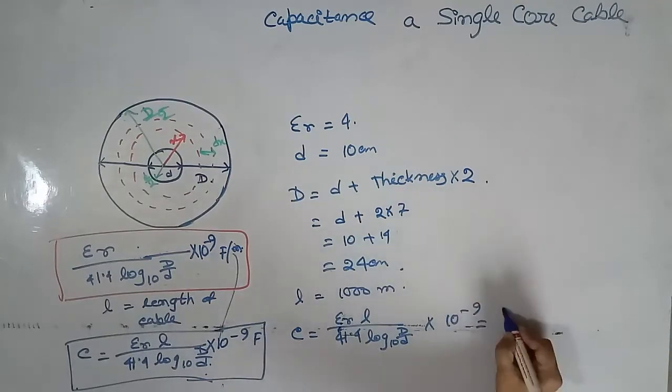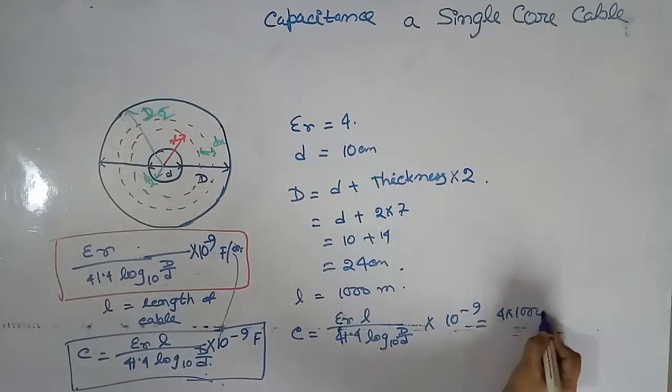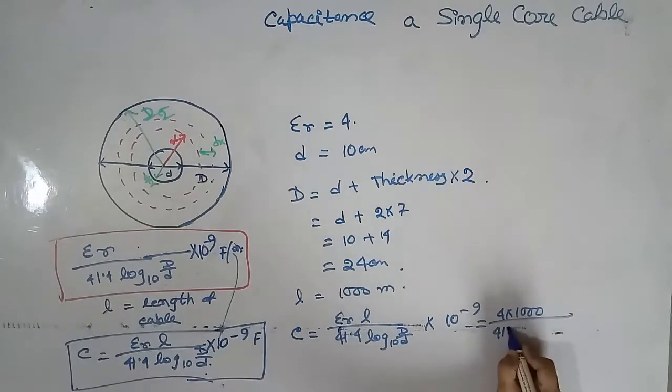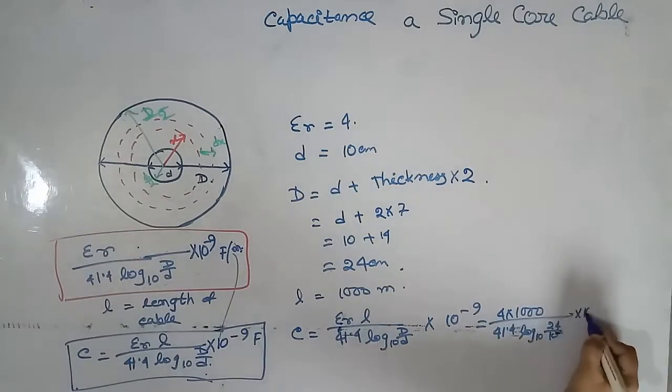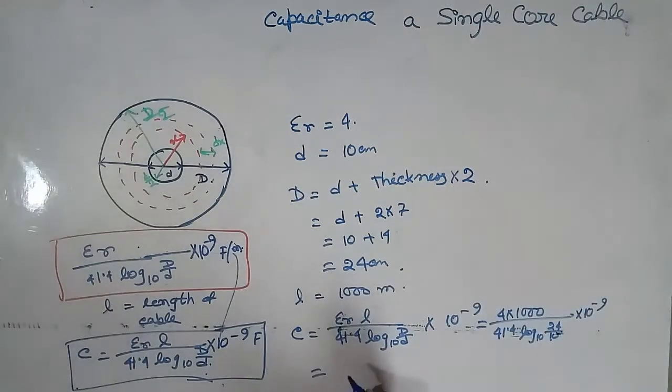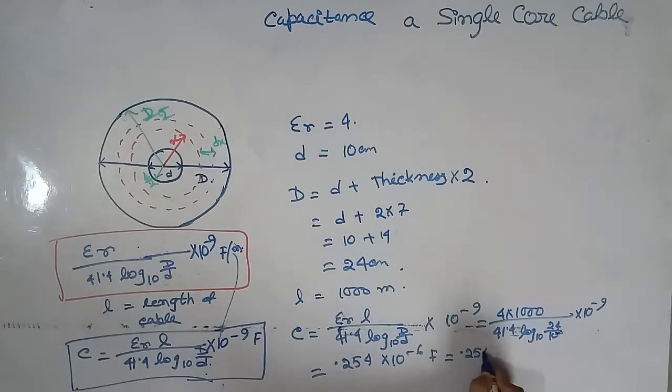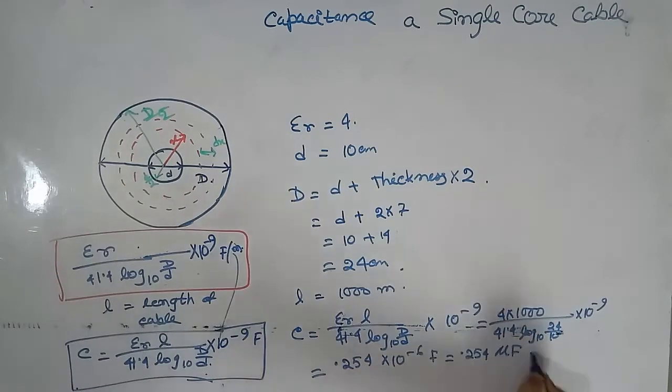So this is equal to 4 into 1000 by 41.4 log 10, capital D is 24 by 10, into 10 to the power minus 9, which is equal to 0.254 into 10 to the power minus 6 farad, which is equal to 0.254 microfarad.